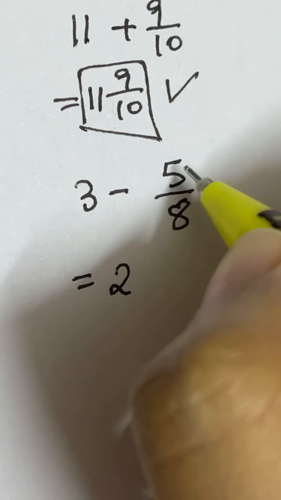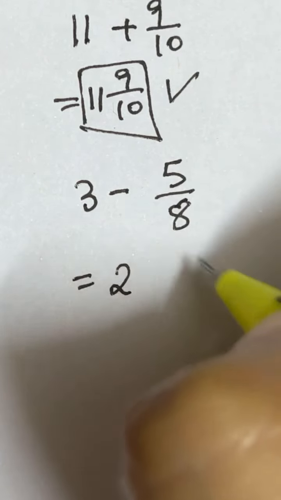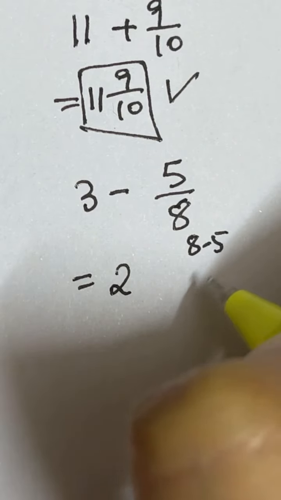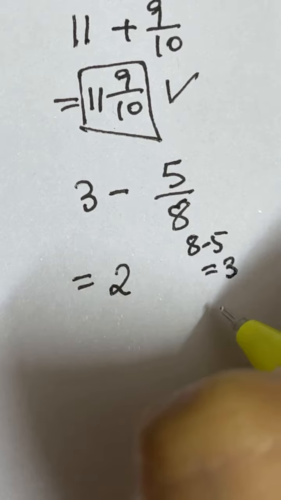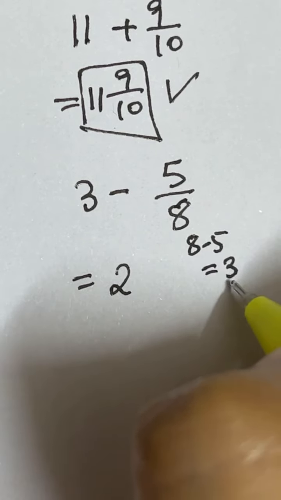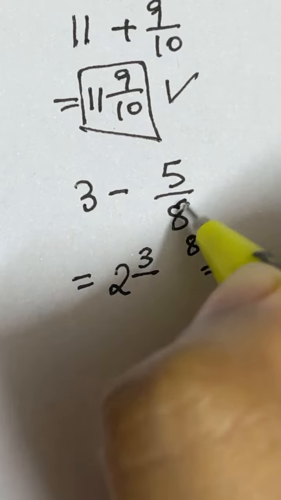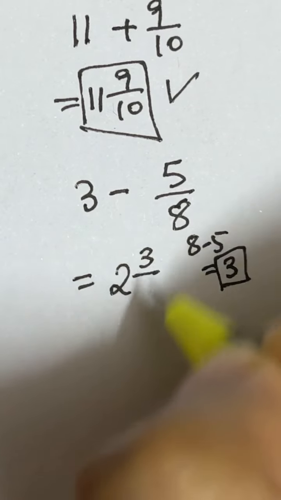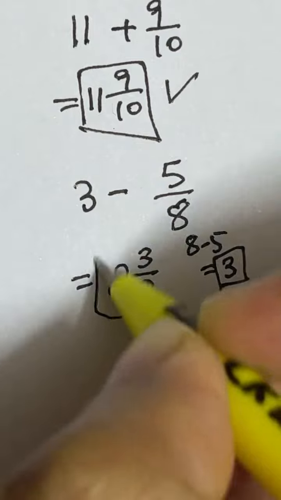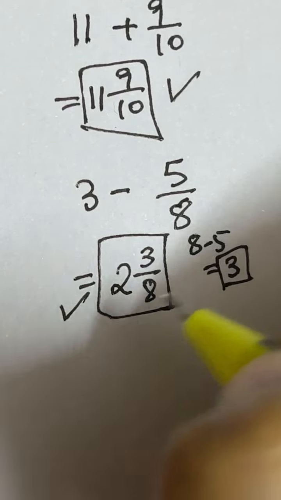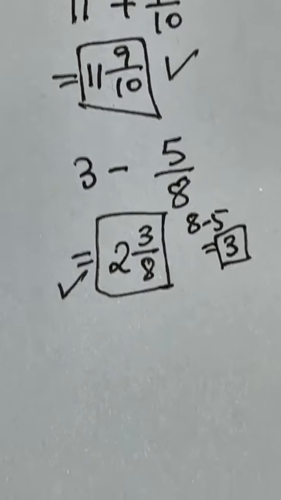And then what is the difference between 8 and 5? 8 minus 5 equals 3. So we are going to write this 3 here and the denominator is always the same, that's 8. That's your answer. You're done. 2 and 3/8.